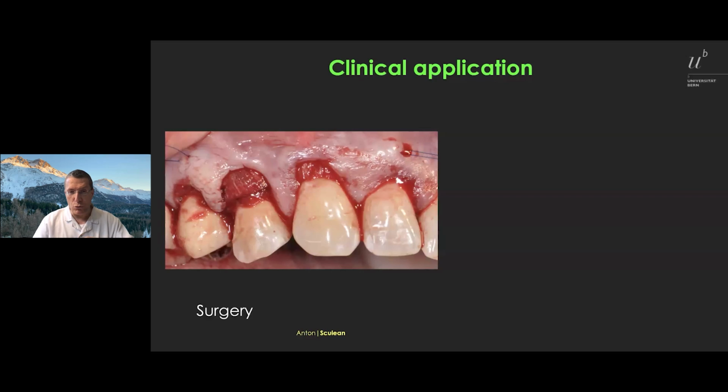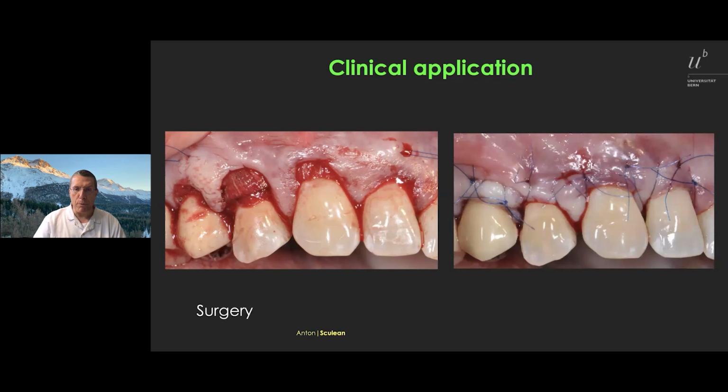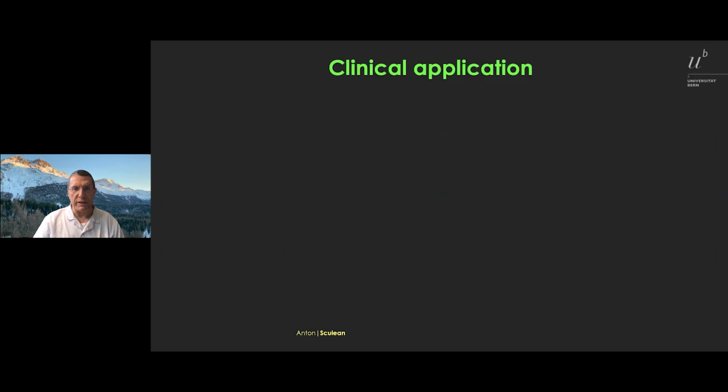That means that we need to move the flap together or the tunnel together with the material in order to cover these defects. Very importantly, the material should not be left exposed on an avascular root surface. That's very important because it may disappear completely.